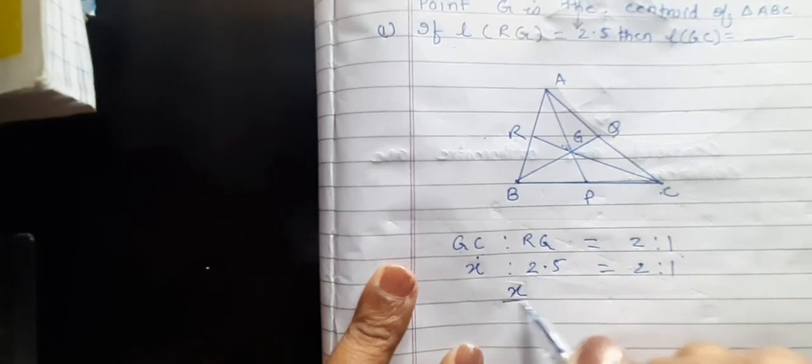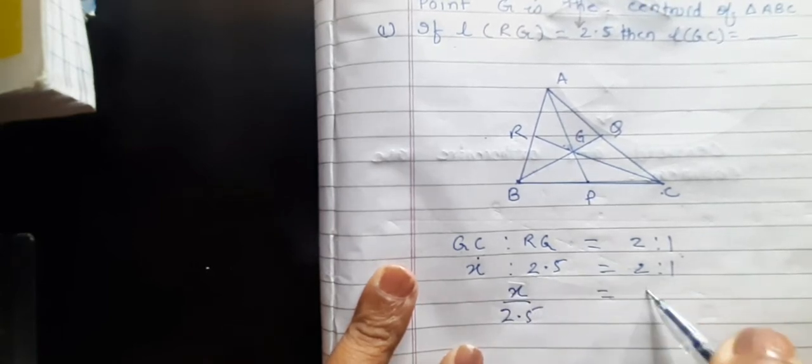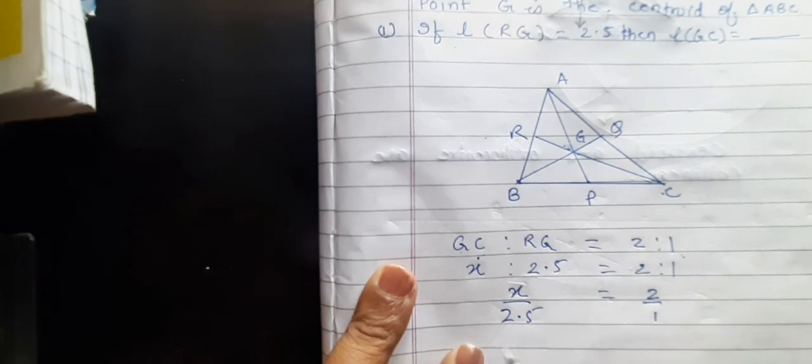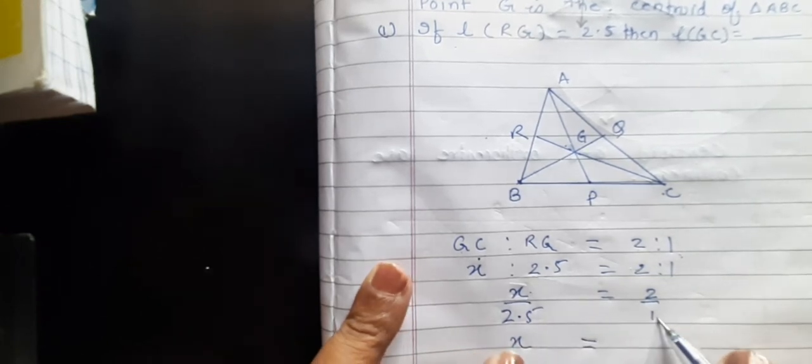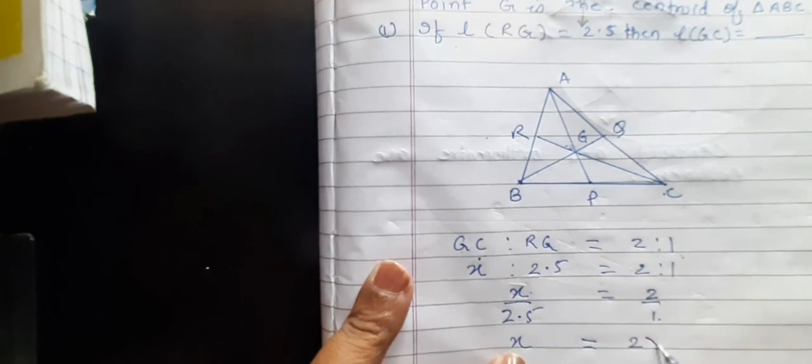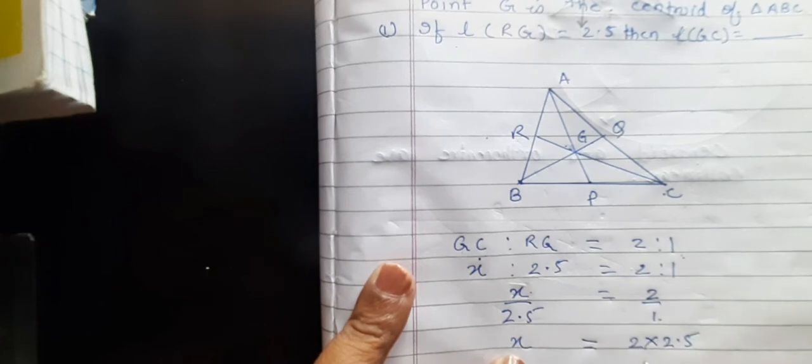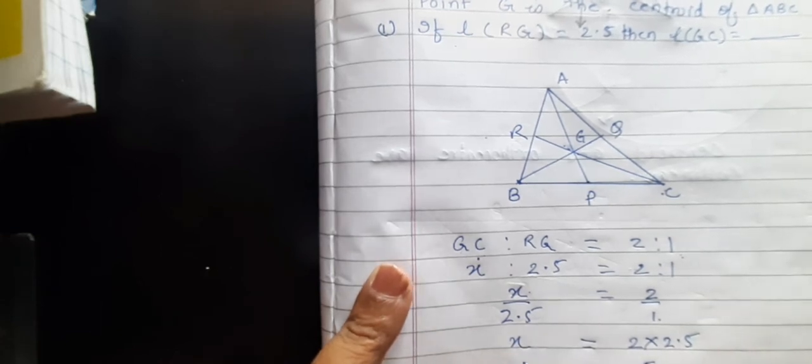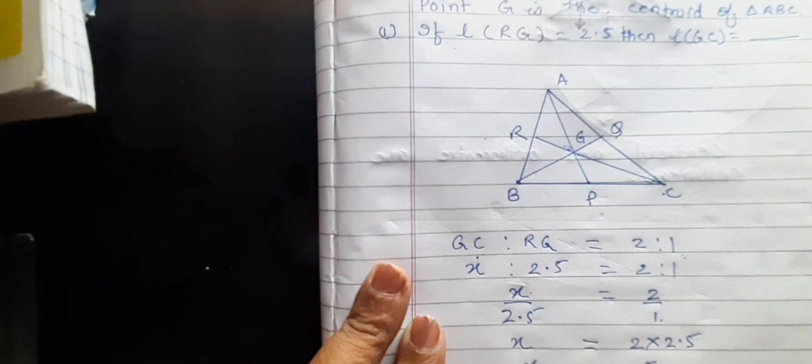So here it will be X upon 2.5 equal to 2/1. So what will be X? Cross multiply. X will be multiplied with 1, so X ones are 1, and 2 will be multiplied with 2.5. So that is equal to 5. So the length of GC is equal to 5.